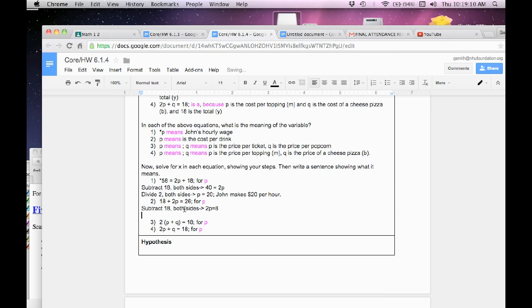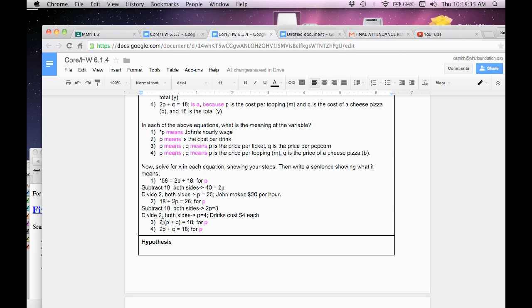And then we will divide by 2 on both sides. And that's going to get us P equals 4. And what that means is P in this one is the cost per drink. So drinks cost $4 each.